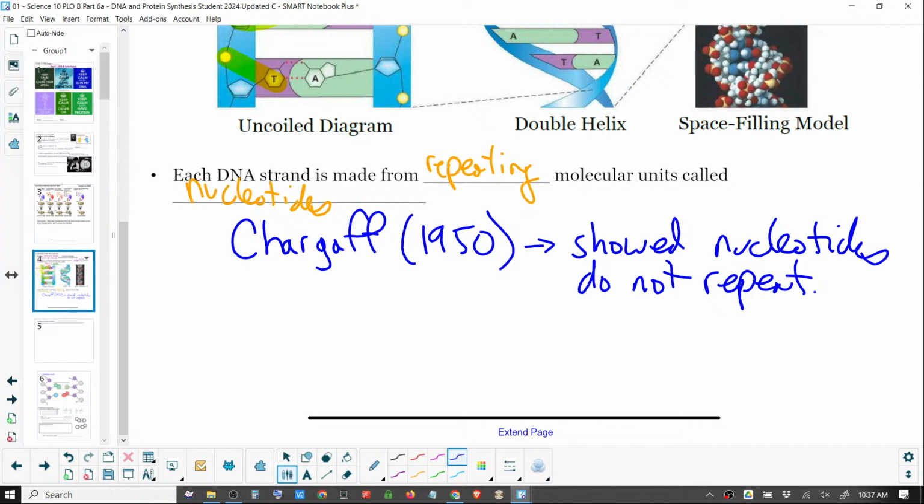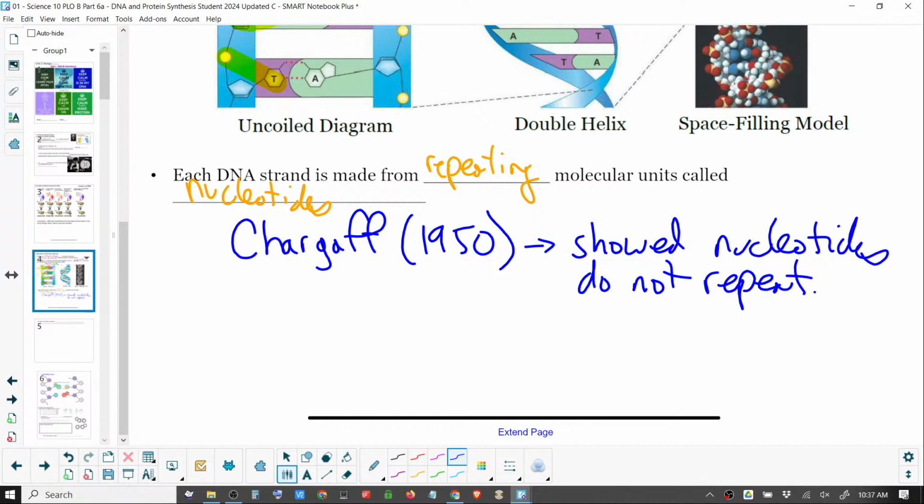It's not just ATCG, ATCG. It's A, T, A, T, T, A, C, G, C, C, G, and then you get what could be a random pattern, but it's different all the time. So it's not just a simple repeating pattern.